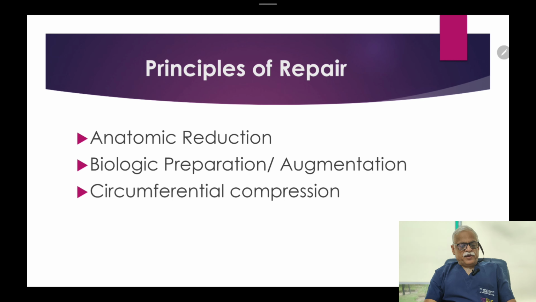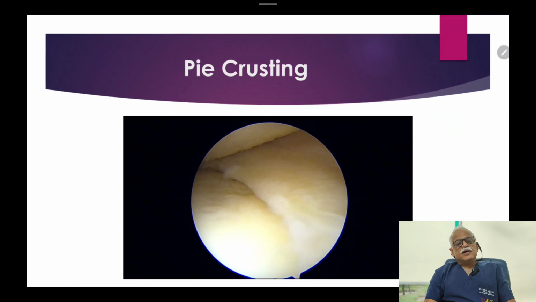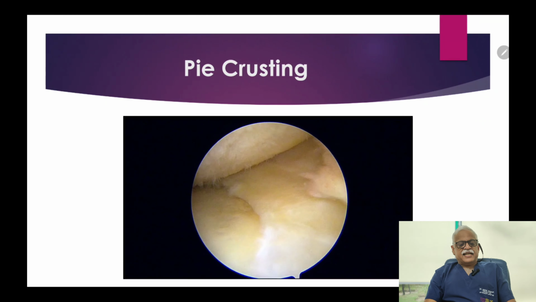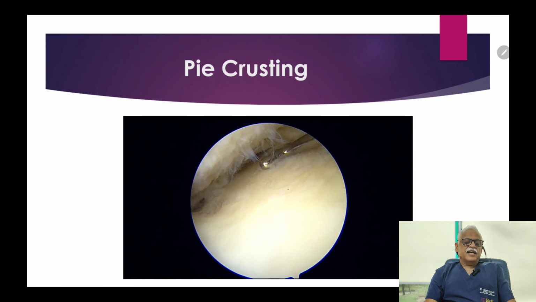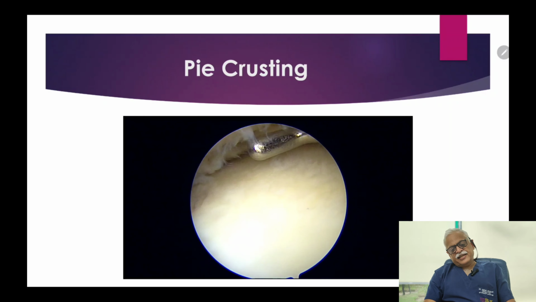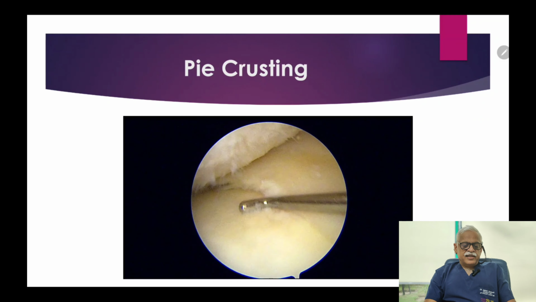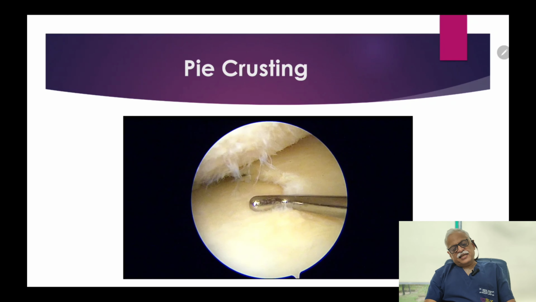The principles of repair one must follow in each and every case are the ABCs of meniscal repair, that is, anatomical reduction, biological preparation, and circumferential compression. Another important factor to consider, especially on the medial side, is pie crusting, where the MCL is gradually lengthened by inserting a spinal needle and gradually elongating the MCL.